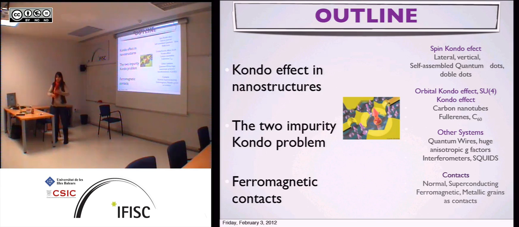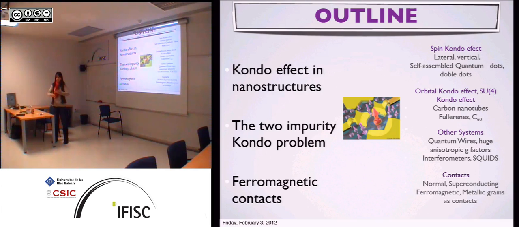And the signature of this many-body state is a peak at the Fermi energy, okay, that remains there even if you change the gate of the dot, even if you move the level of the dot, the peak remains there. And this is the signature of having this many-body state.